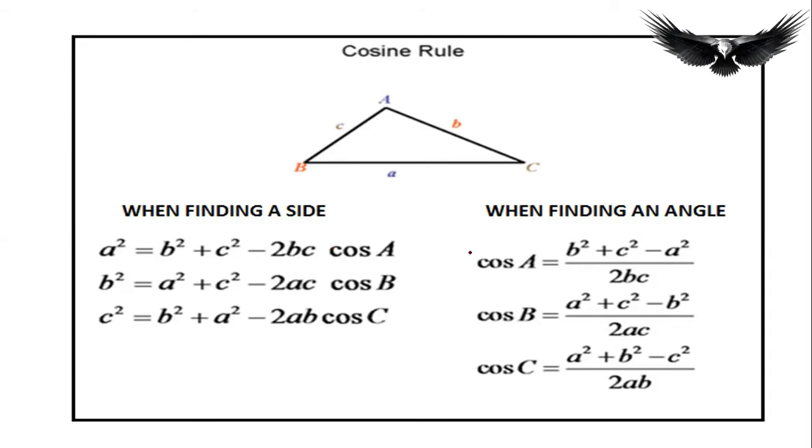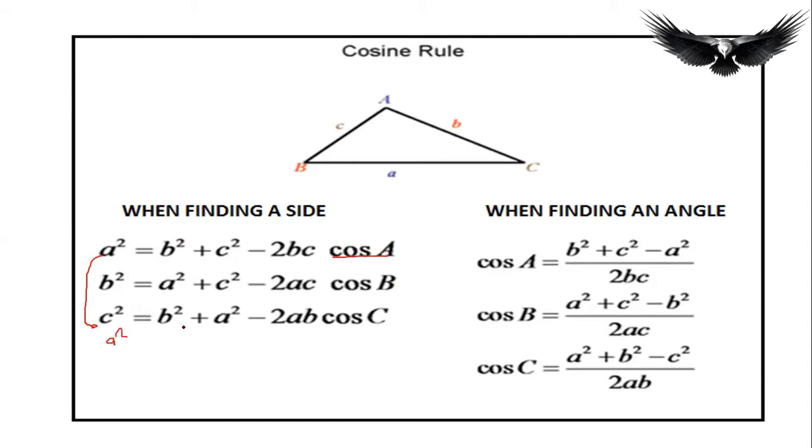So when you are finding an angle, you have to make this part here, cos A, the subject of the formula. Let me just demonstrate that one. We want to make cos A the subject of the formula. So this one will be a squared, okay?